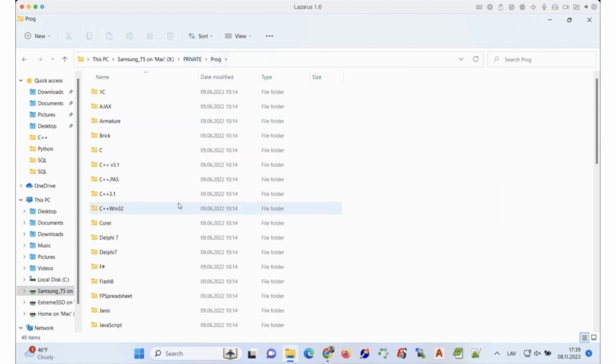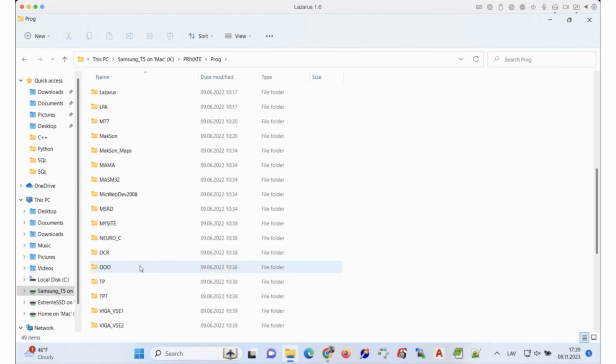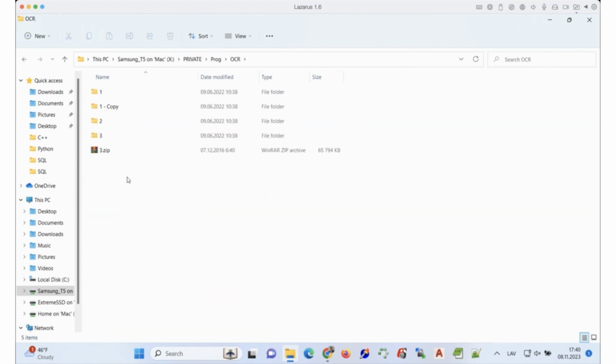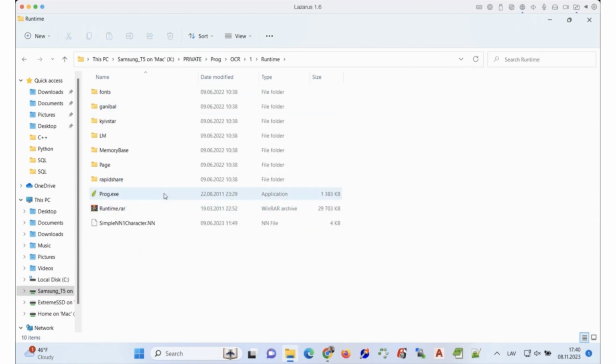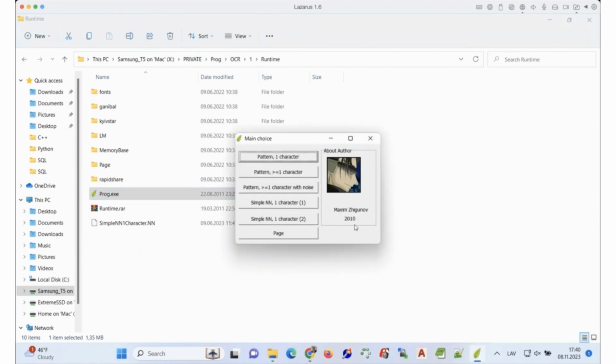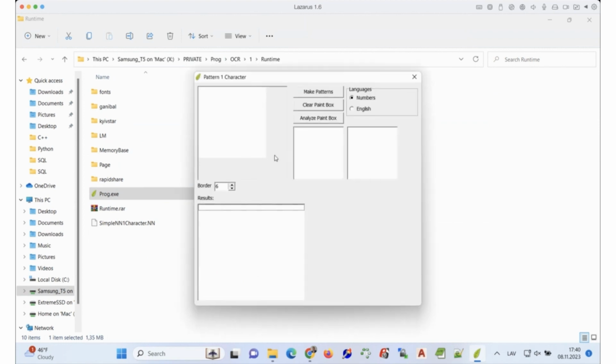And I have tons of different things here, and there's going to be OCR, and I have lots of versions. This one was made a long time ago, like in 2010. But this is a bit more advanced version of the application, not exactly that one.